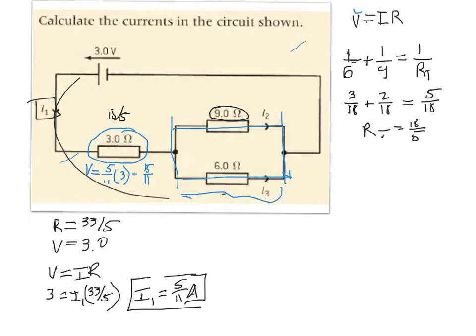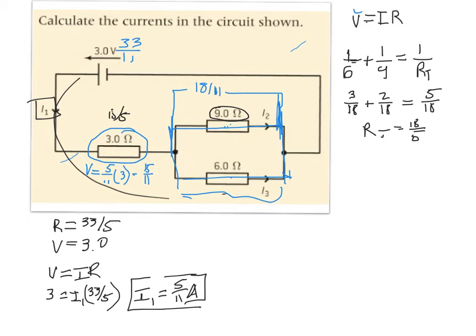So the potential difference lost here is 15 over 11. 3 volts would be 33 over 11. So 33 over 11 minus 15 over 11 means that here I'm losing 18 over 11 volts from this point to that point. All right? So both of these resistors have to have a potential difference of 18 over 11.